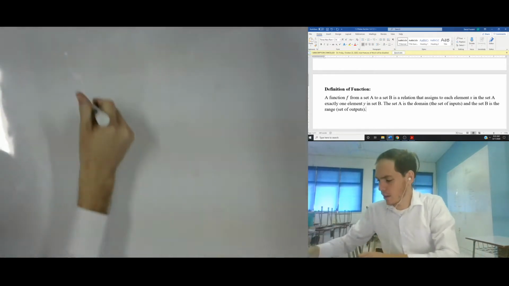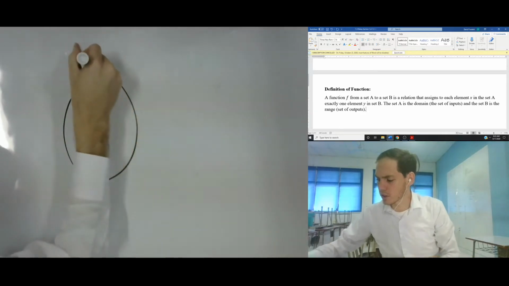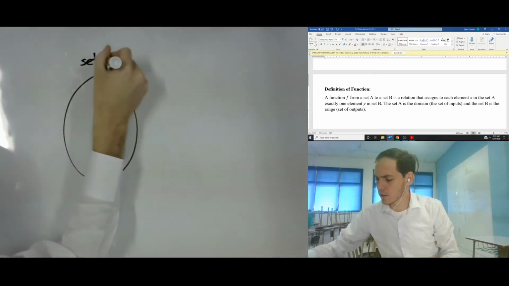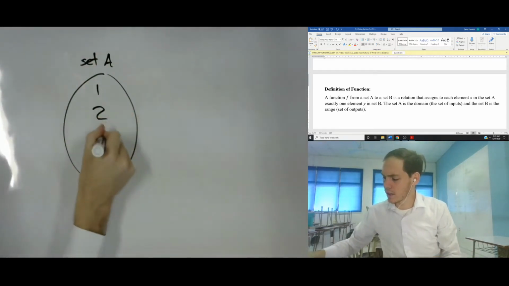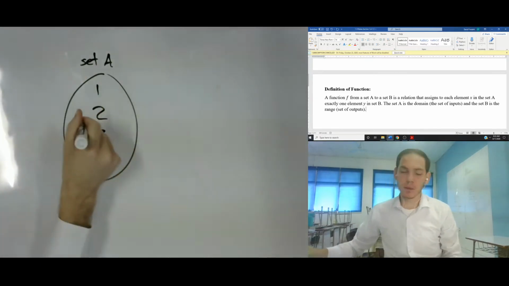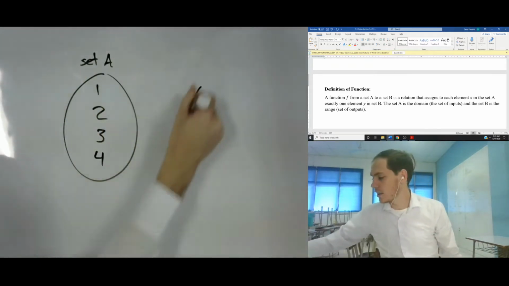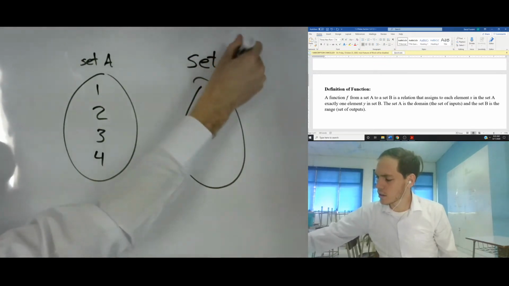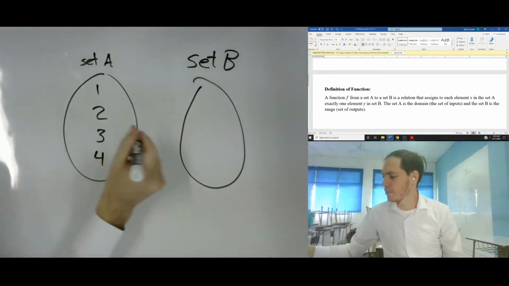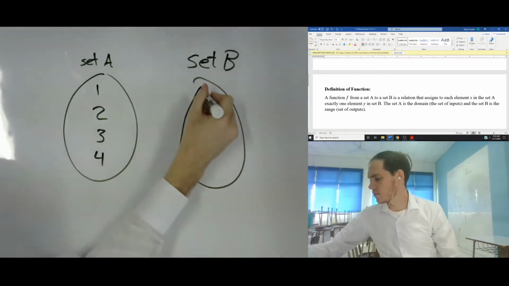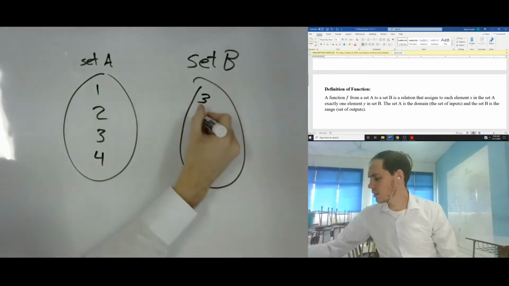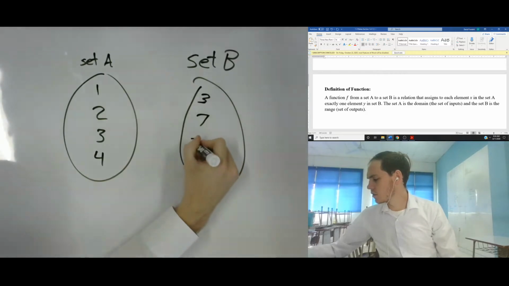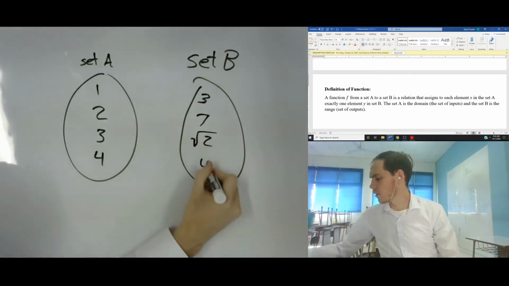Okay? So essentially, you're going to have a set A of numbers. Okay, 1, 2. And actually, it doesn't have to be numbers for a function to work. You're going to have set B, let's say 3, 7, root 2, 4.